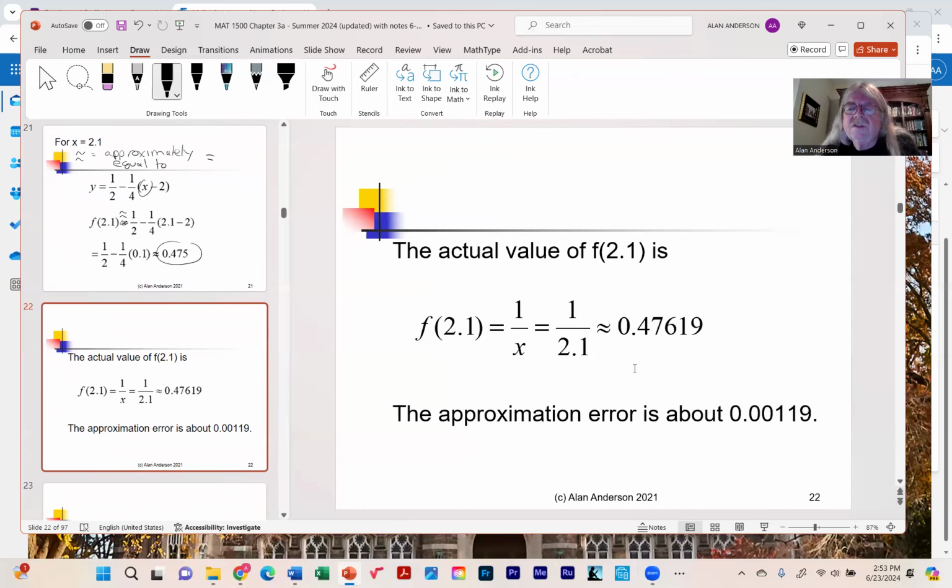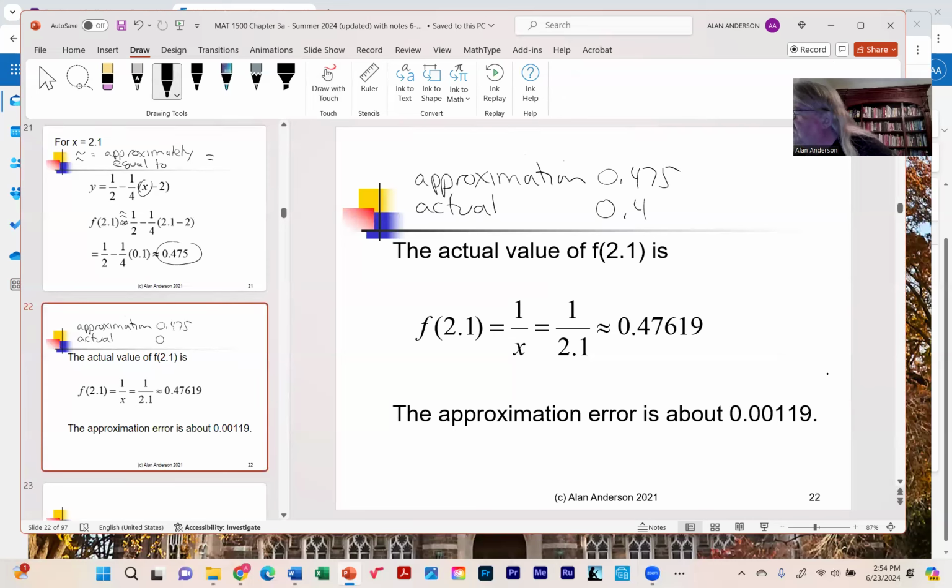So the approximation turned out to be 0.475. The actual is about 0.47619. So our approximation is a little too low.